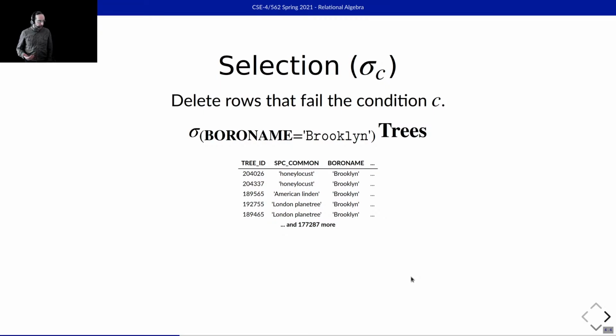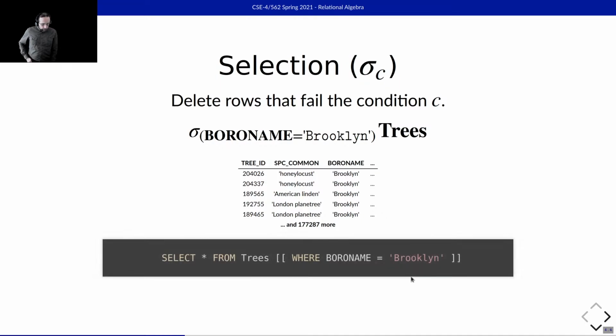So for example, I might write this query here to pick out all of the trees that appear in the borough of Brooklyn. And selection, maybe not surprisingly, is analogous to the where clause in SQL. So if I was translating from SQL to relational algebra, essentially the where clause would just become a selection operator.